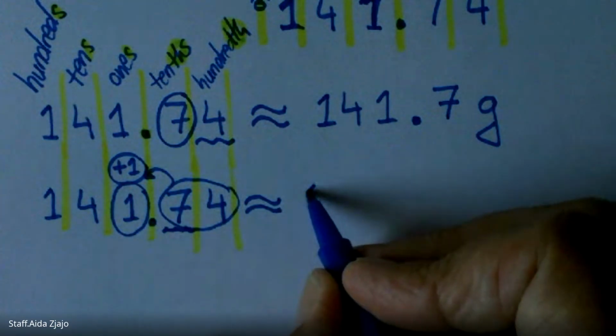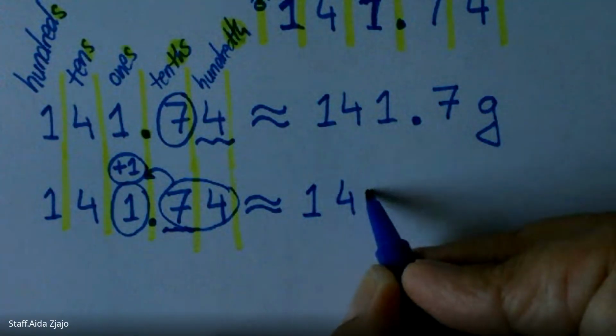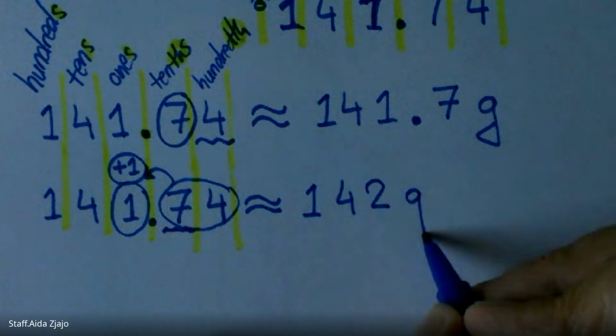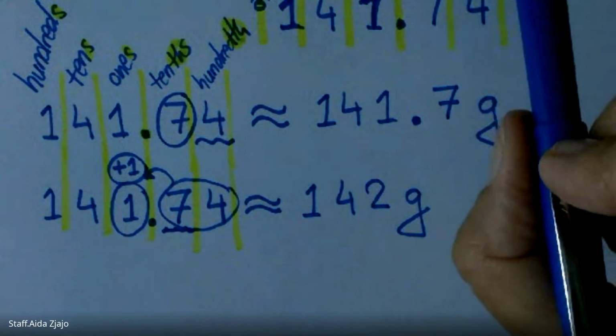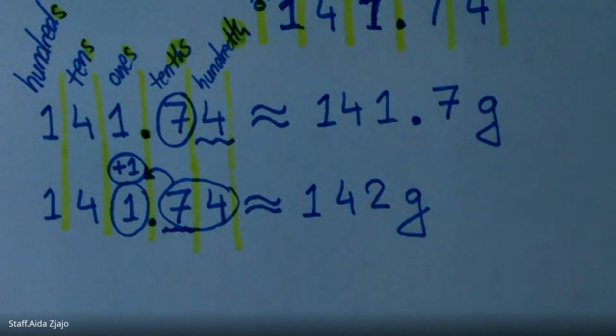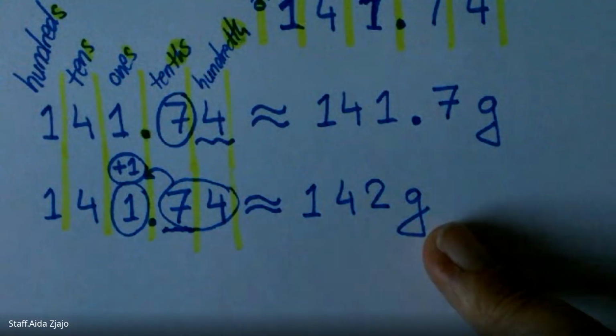So it's going to be 142 grams. So what do I use if somebody asks me? They said, which answer would you give if someone asks how much a baseball weighs? I would say one baseball weighs about 142 grams.